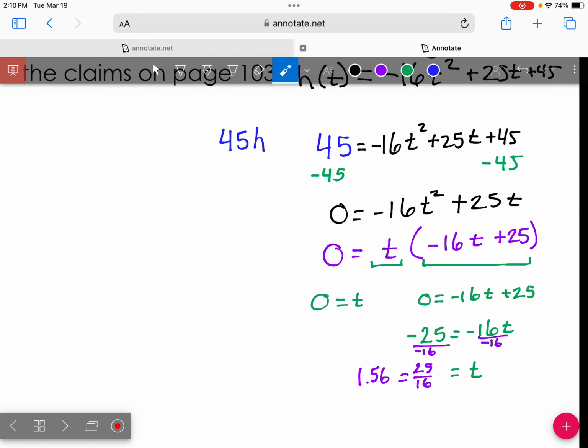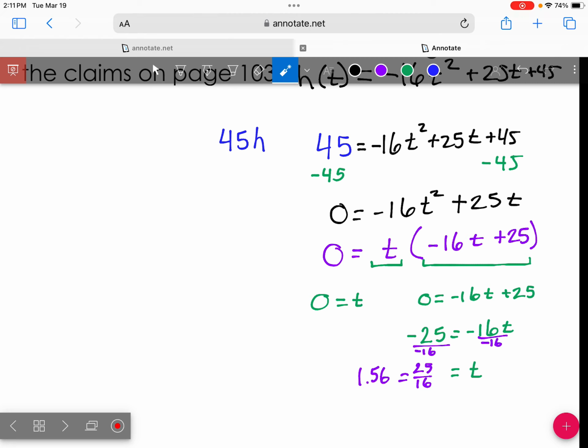So then my question is, do we hit the pig at 45? Did we hit this pig? Why? Is this a valid time? Yeah. So did we hit a pig? Yep.